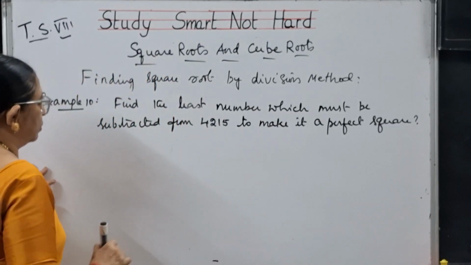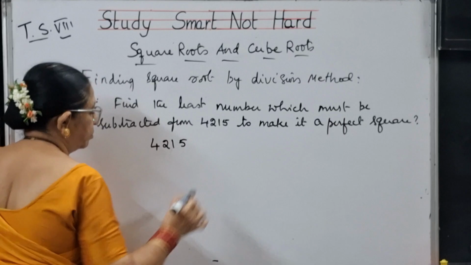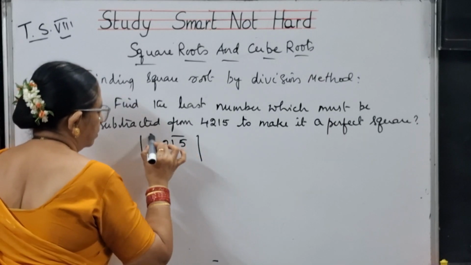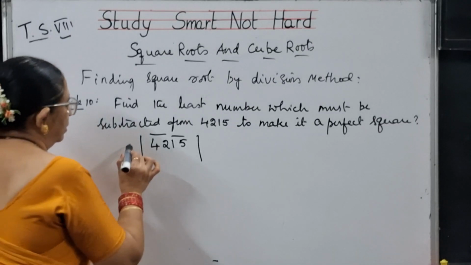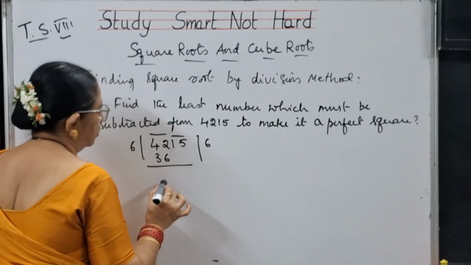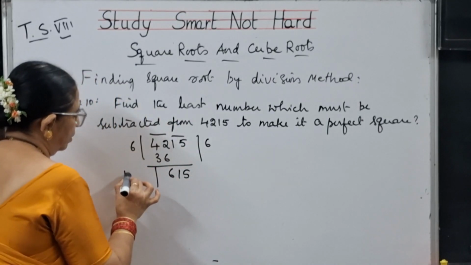So for that, what you have to do? You have to start finding out the square roots up to which you are getting here. So here, 2 2 as a group. 6 6s are 36, 7 7s are 49. So you will be taking 6 6s are 36. So how much are you getting here? 6 1 5. So 6 twos are 12.